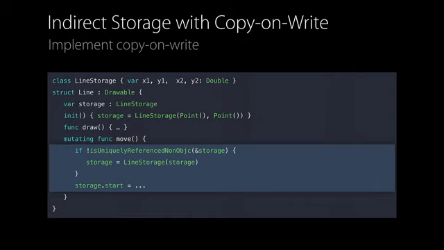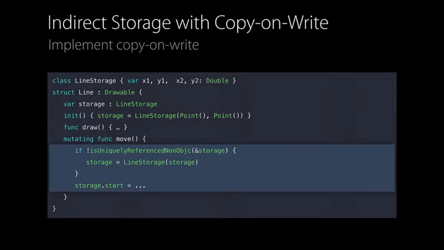Is it greater than 1? This is what the isUniquelyReferenced call here achieves. The only thing it does is check the reference count. Is it greater or equal to 1? And if the reference count is greater than 1, we create a copy of our LineStorage and mutate that.